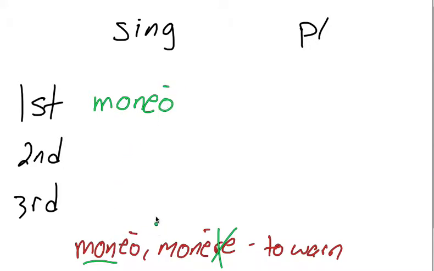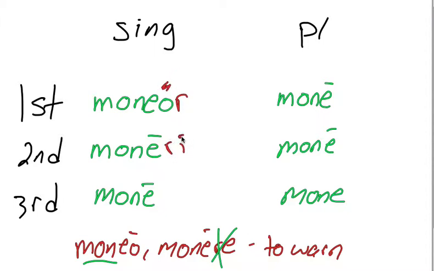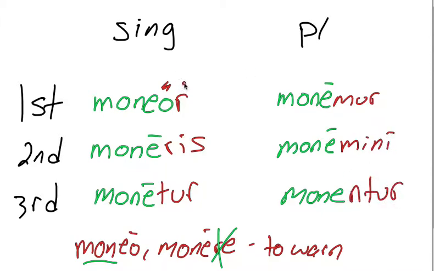Then I'm going to write my stem, and then my endings. So monor, there shouldn't be a macron here. Moneris, monetur, monemur, monemini, monentur. And let's just translate the first person singular. This would be I am warned.